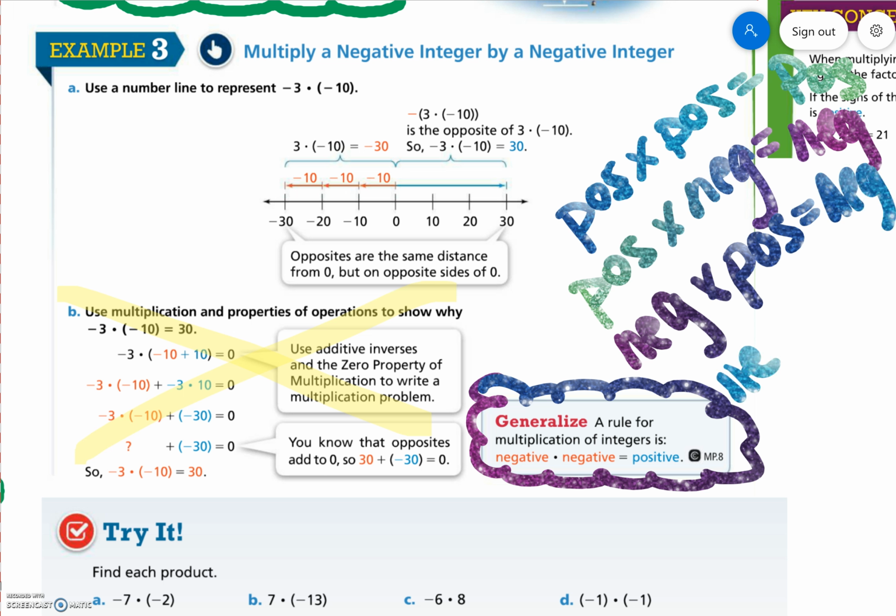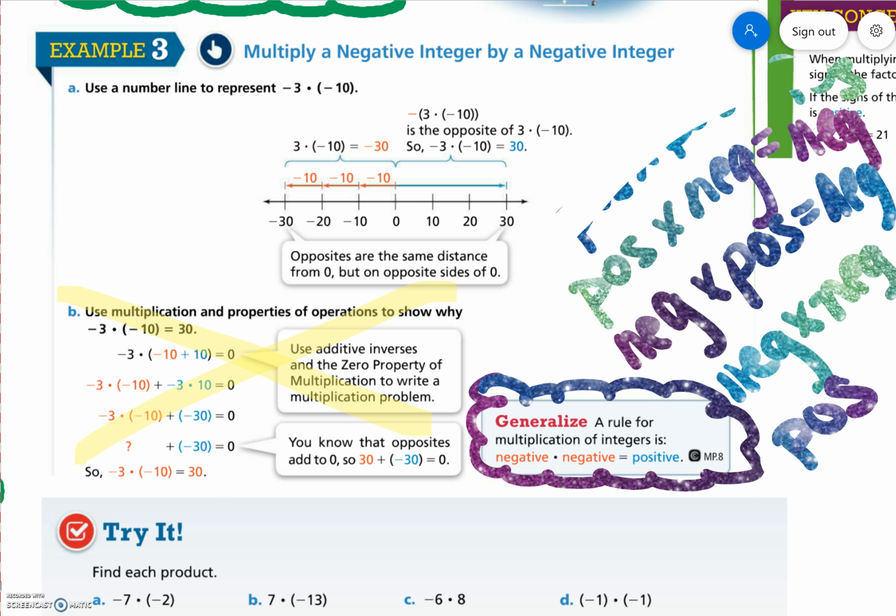And then a negative times a negative does not give us a negative answer. Silly Miss Trustinger. Gives us a positive. Sorry, I didn't mean to erase that; this was positive times positive equals positive.